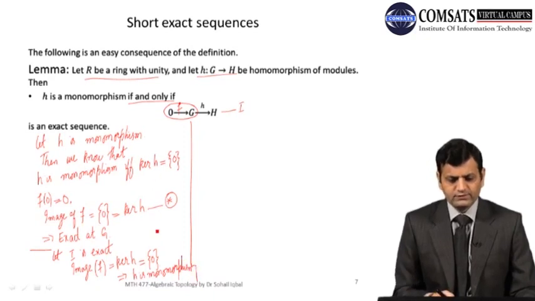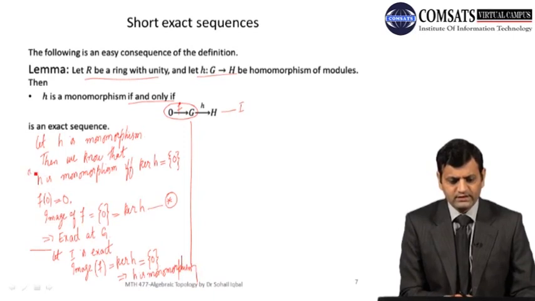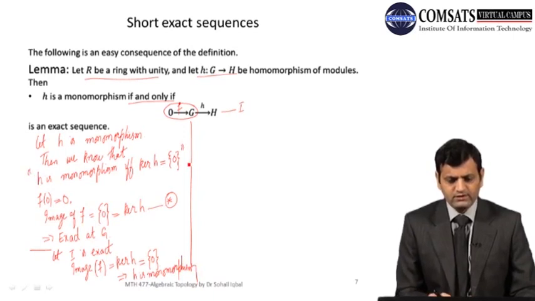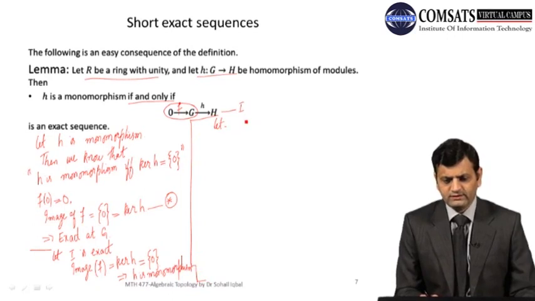Okay, so in this proof we used a very crucial result, that h is a monomorphism if and only if the kernel of h is 0. So let's see the sketch of this proof. Let h from G to H be an R module homomorphism. Now we want to show that h is a monomorphism if and only if the kernel of h is 0.